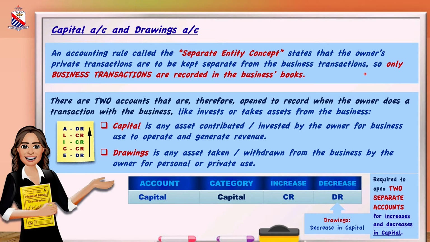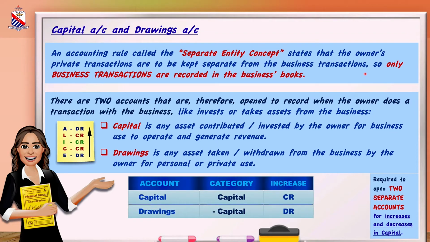So we have two separate accounts: one that shows your capital, which is your increases, your investments, and the other one that shows your decreases, which would be drawings. So we totally get rid of the debit side for your capital account. We create a new account called drawings, and in that account you will still go on the debit side because drawings is a decrease in capital.